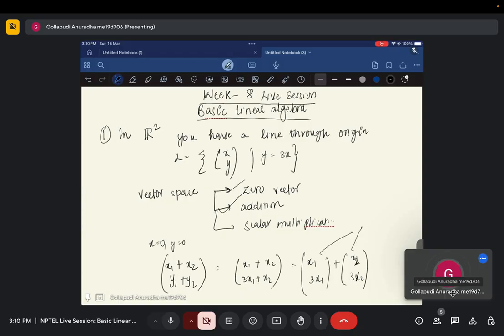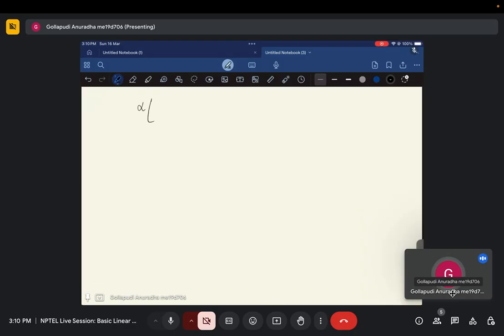Addition also will be satisfied. The scalar multiplication will also be satisfied: it will be alpha x and alpha y, and we have the y equal to 3x condition, so 3 alpha x will be equal to alpha y. Even this condition is satisfied for scalar multiplication. So the given line through the origin is going to be a vector space.